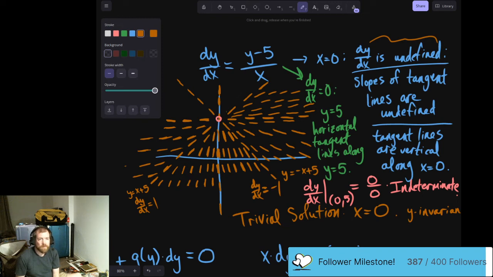And then over here, these are going to be much steeper.